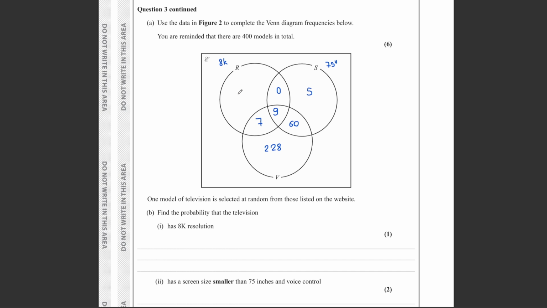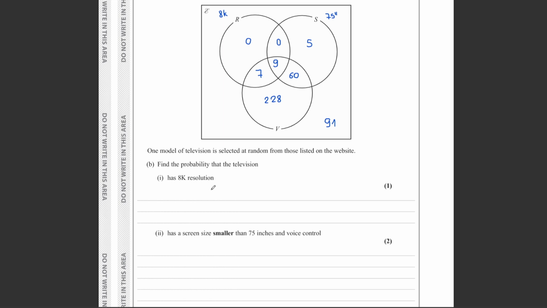And the 8K resolution, the whole circle should be 16, so the remaining part will be 0. Also, we are reminded that there are 400 models in total, so outside of the diagram we should state other models, which is 91.